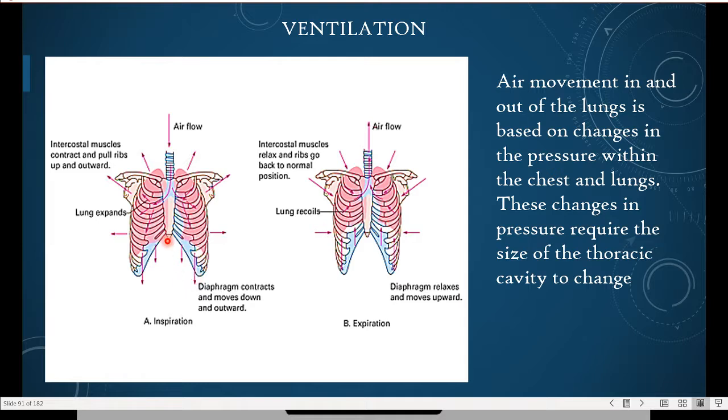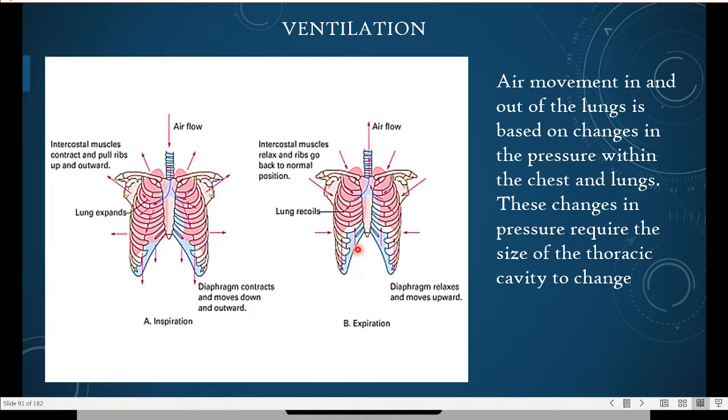When the diaphragm contracts and pulls down, the rib cage expands and allows the lungs to expand. There are muscles in between the rib cage. They're called intercostal muscles, and they assist in this process.